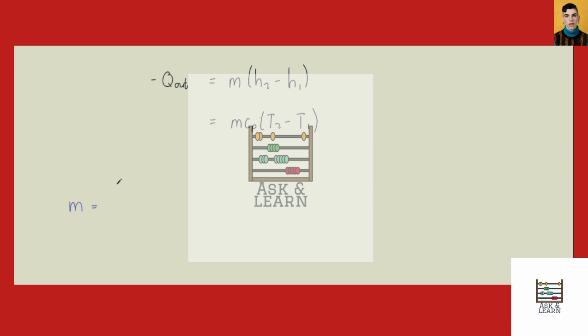Now, the mass of nitrogen is equal to P1 times V over R T1.